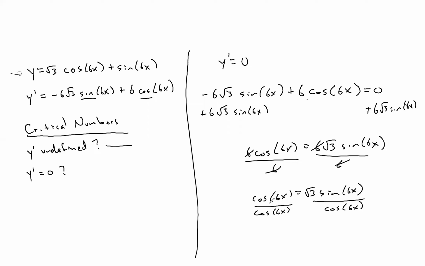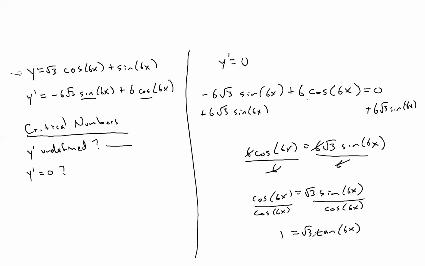So on the left-hand side, cosine of 6x over cosine of 6x is 1. Now, what's sine of 6x divided by cosine of 6x? Well, sine over cosine is tangent, so I have root 3 tangent of 6x. The nice thing about this is I just have one trig function showing up now instead of two, so this will be easier to solve.